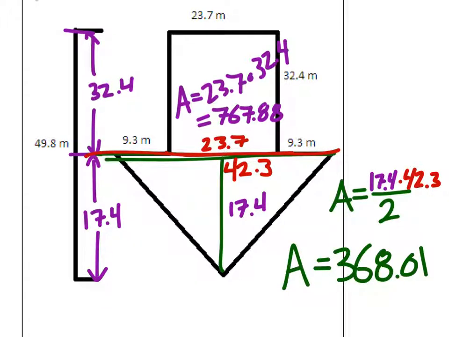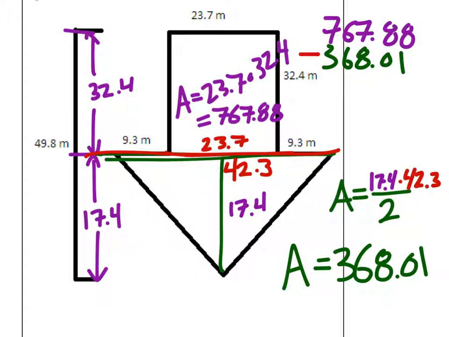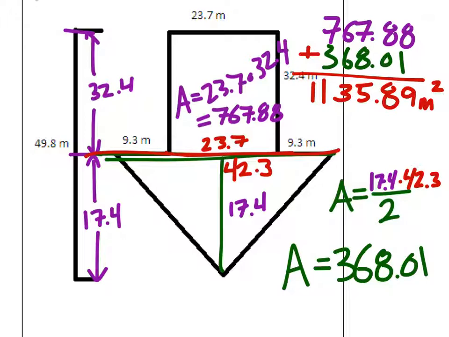But we want the area of the whole thing, so we've got to take both areas, 767.88 and the 368.01, and we want to add these two together to find the actual area. So what do we get out of that? 1,135.89, and this one we know the units, meters squared. That is it.